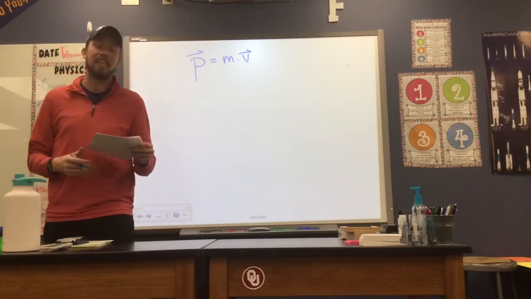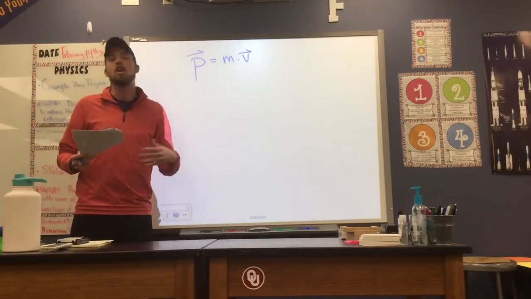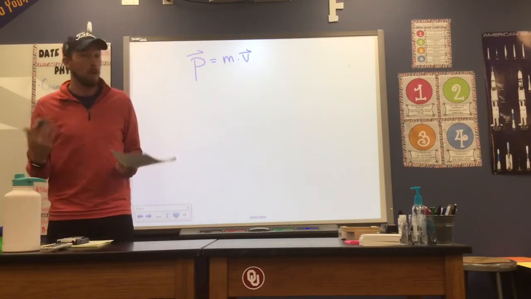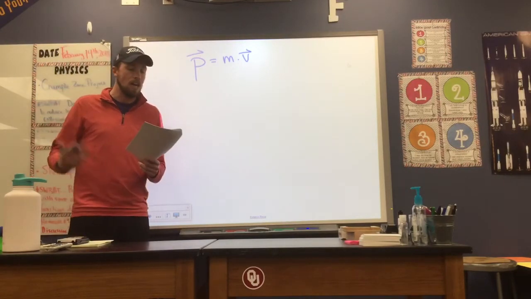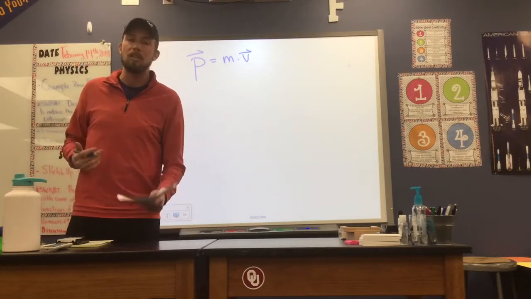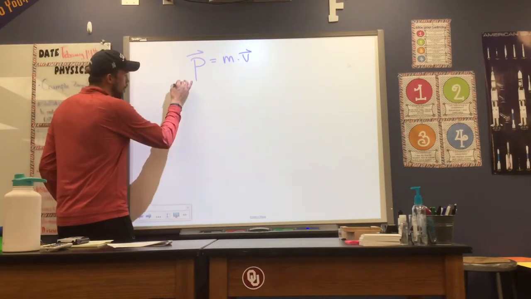This problem is specifically geared towards problem number 6 on homework 11, which covers momentum and impulse. The problem statement goes like this. A bowling ball of mass 6.8 kilograms moves in a straight line at 3.36 meters per second.